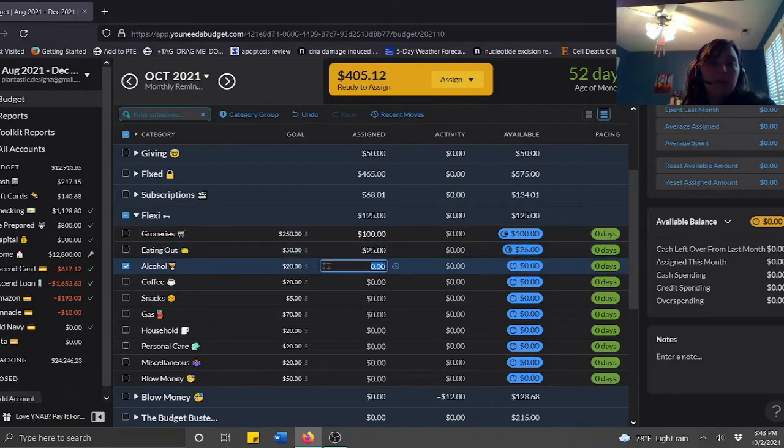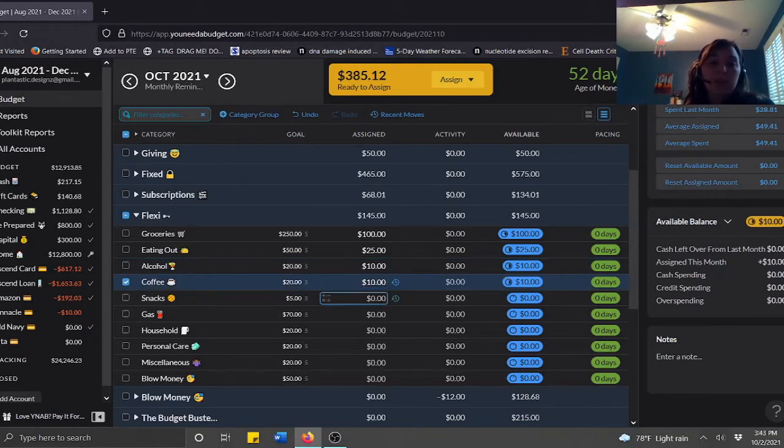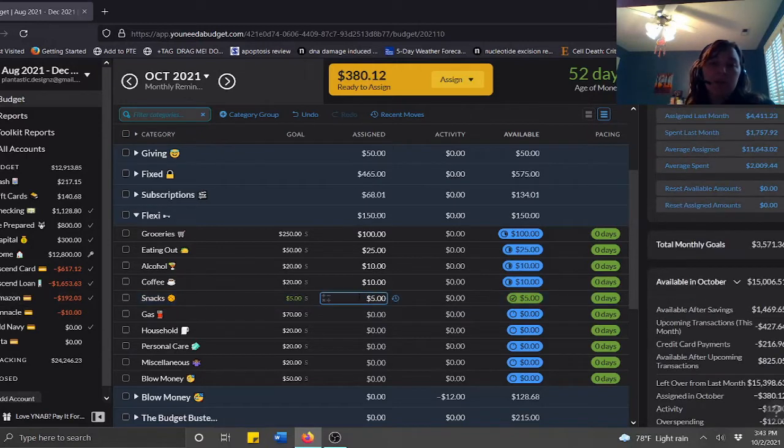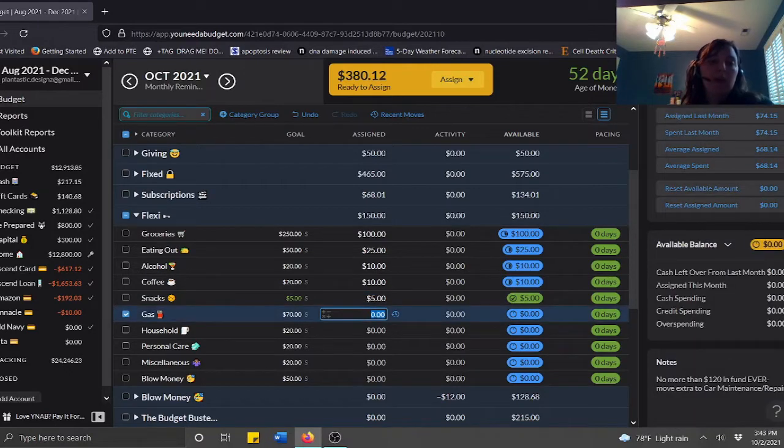Alcohol, so that would be if I buy any wine in the store or if I go out to meet friends at happy hour and have a few drinks, it's just going to be $10. Coffee, that's a weekly Starbucks. I just go to Starbucks one day a week. Snacks, we'll just go ahead and do the $5. That's like the vending machine at work if I wanted to buy a snack.